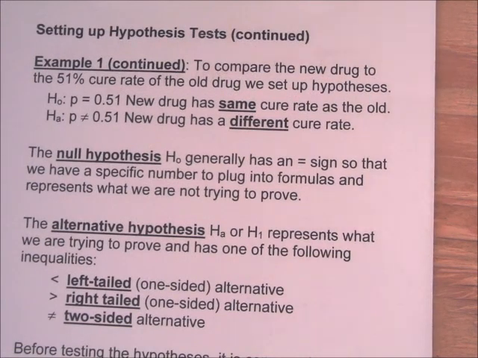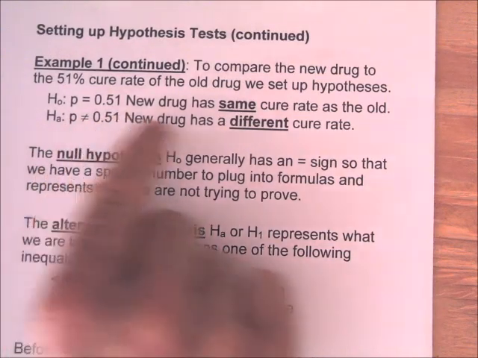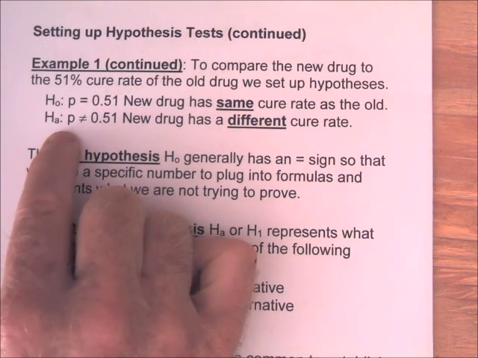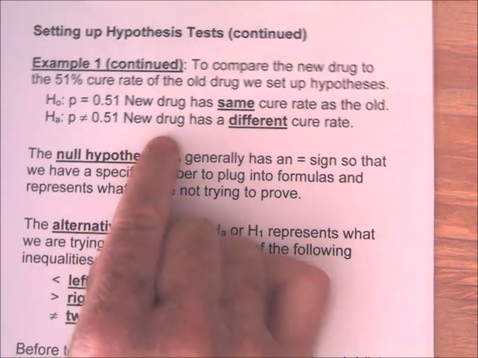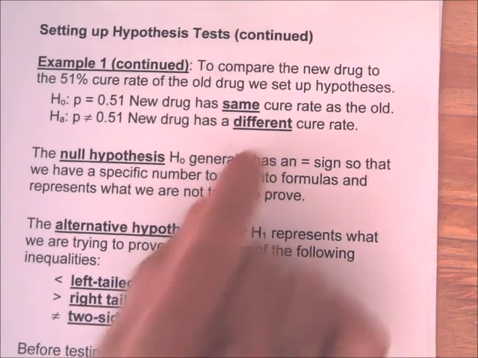To compare a new drug to the 51% cure rate of the old drug, we can set up hypotheses as follows. H naught: p equals 0.51, the new drug has the same cure rate as the old, versus HA: p not equal to 0.51, the new drug has a different cure rate than the old drug.